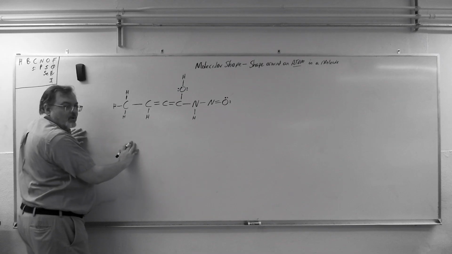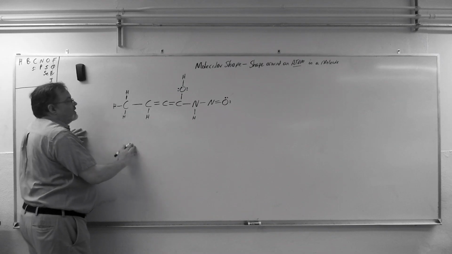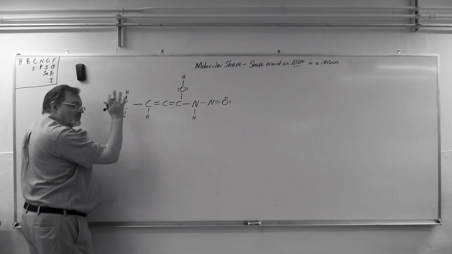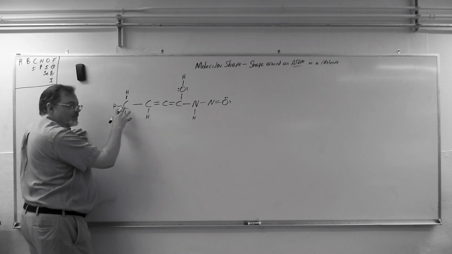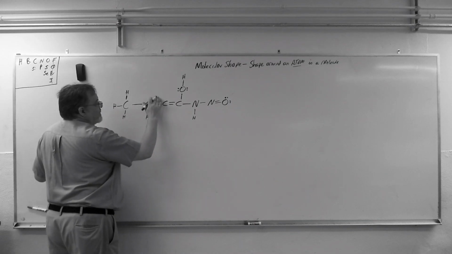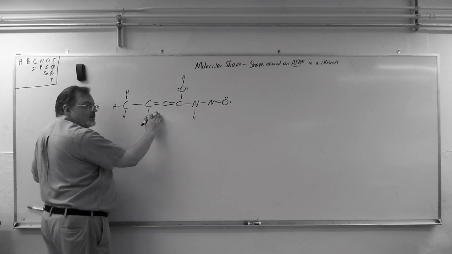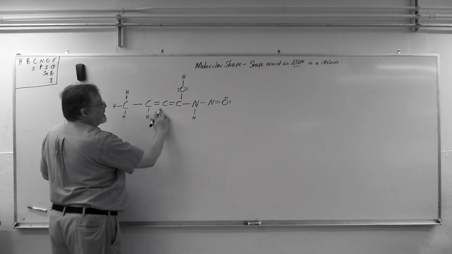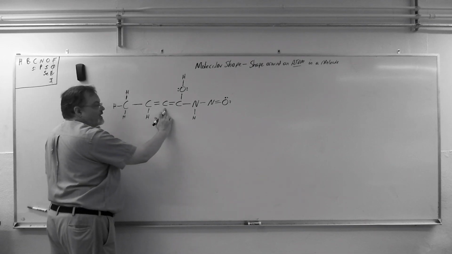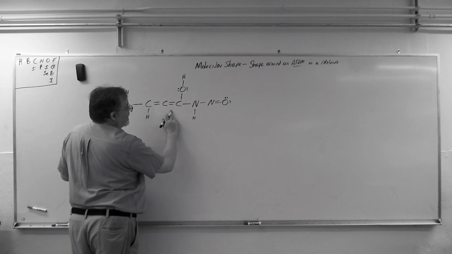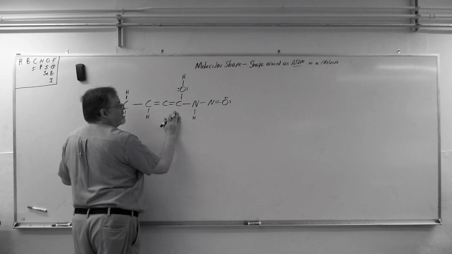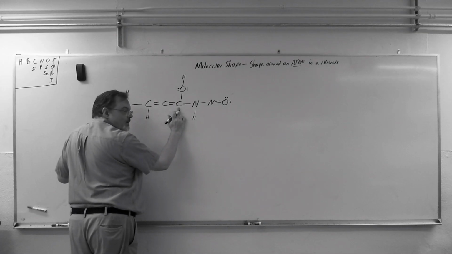Do you remember what the angle was for tetrahedral? 109.5. These are 109.5. You just can't see the 109.5 here because it's not three-dimensional. What were the bond angles for trigonal planar? 120. This was linear, and it's, what's the bond angle? 180. All right. Carbon, two single bonds, one double bond. What's the shape?